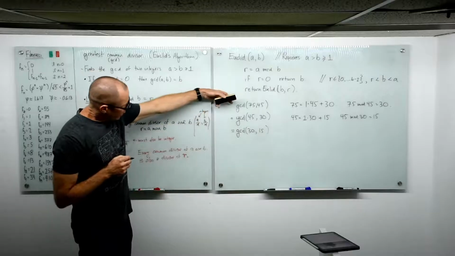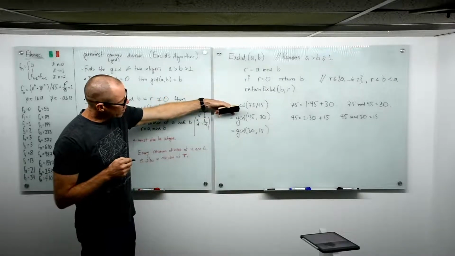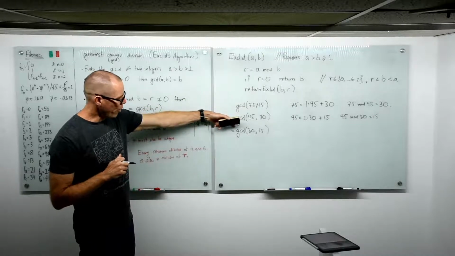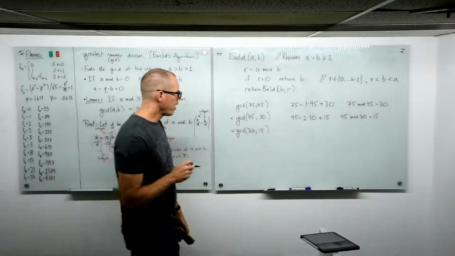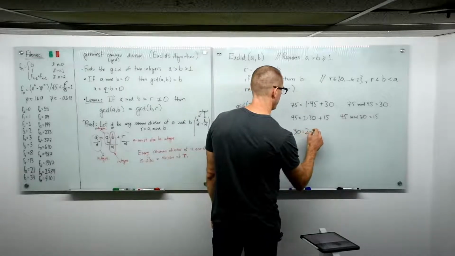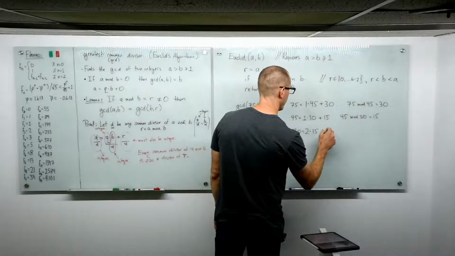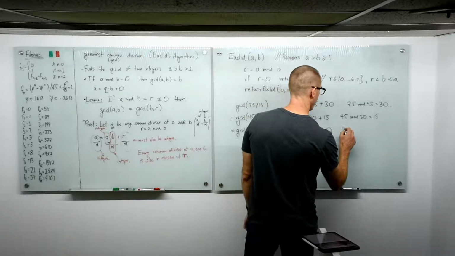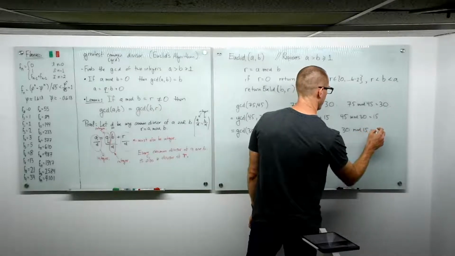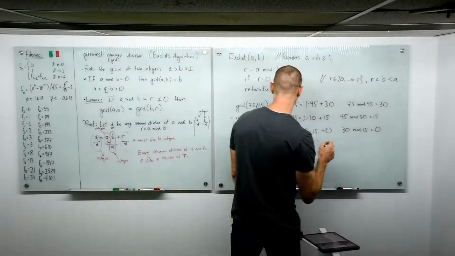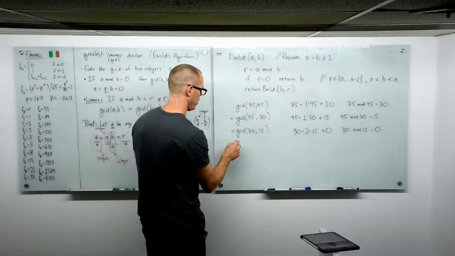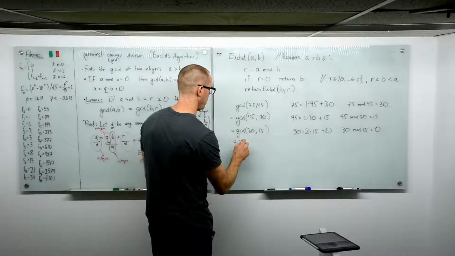So Euclid's algorithm, given 75, 45, calls itself recursively with 45, 30, which calls itself recursively with 30, 15. And now finally, 30 is equal to 2 times 15 plus 0, which means that 30 mod 15 is equal to 0. And so the algorithm returns B, which is 15.